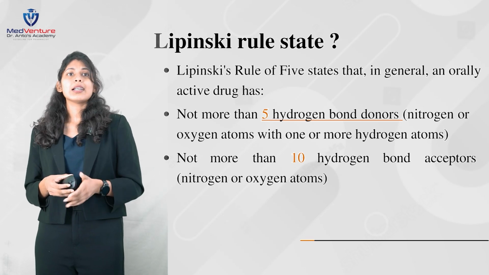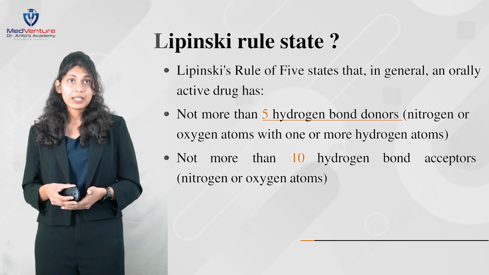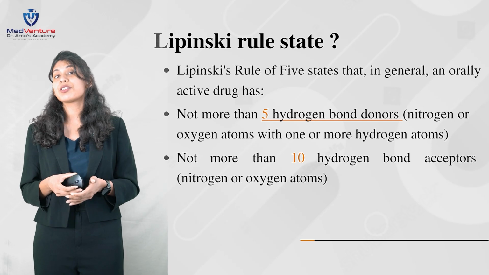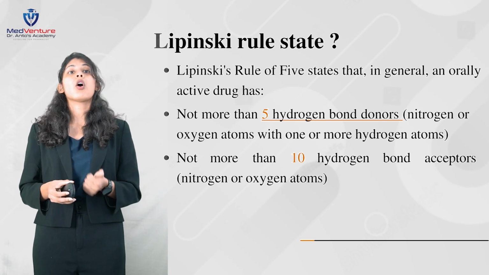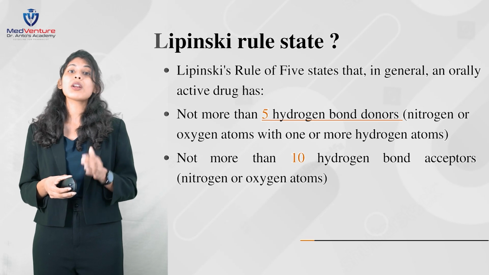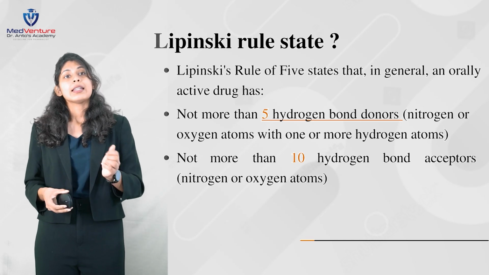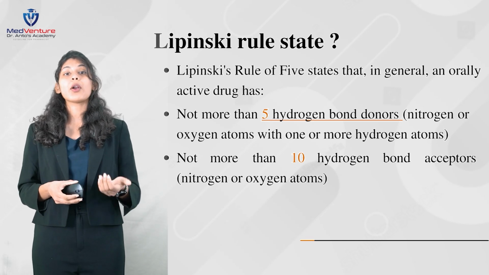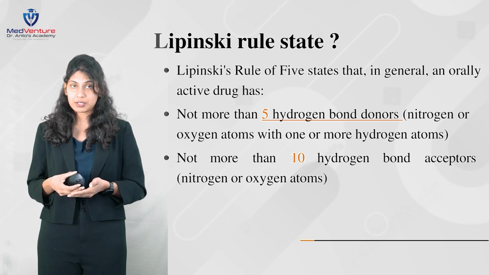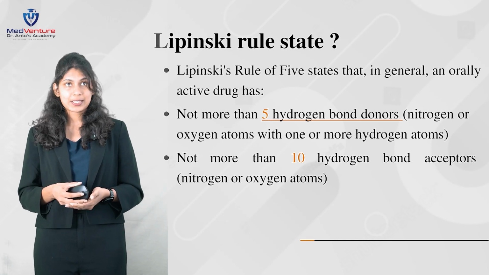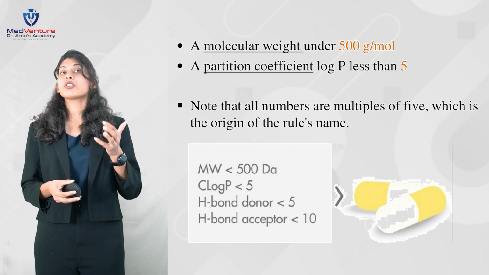A drug is orally absorbed if it has no more than 5 hydrogen bond donors. What are hydrogen bond donors? For example, a nitrogen or oxygen atom with one or more hydrogen atoms. Next, not more than 10 hydrogen bond acceptors, like nitrogen or oxygen atoms. Then the molecular weight.